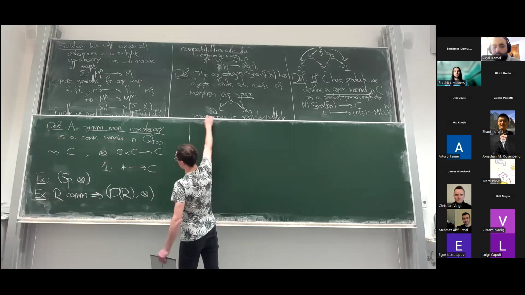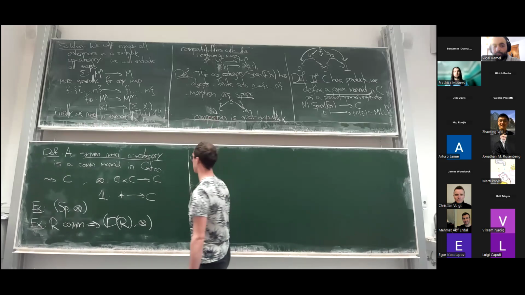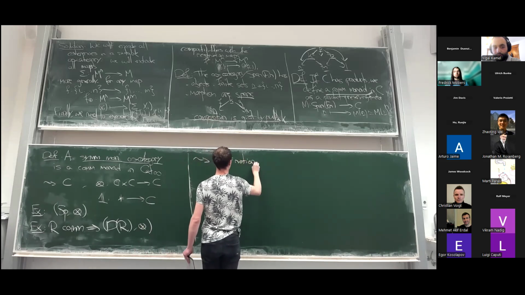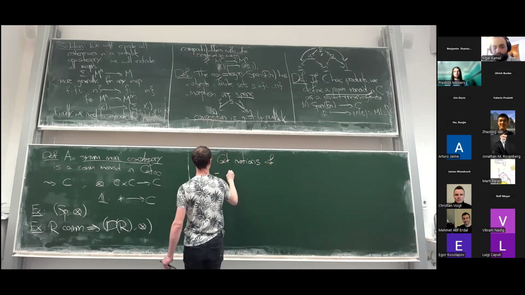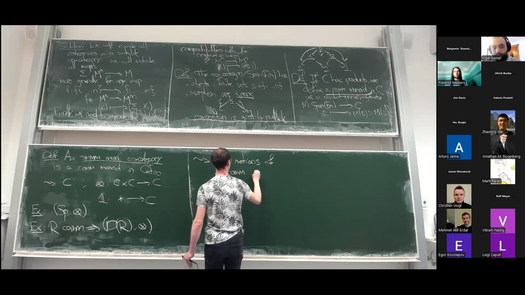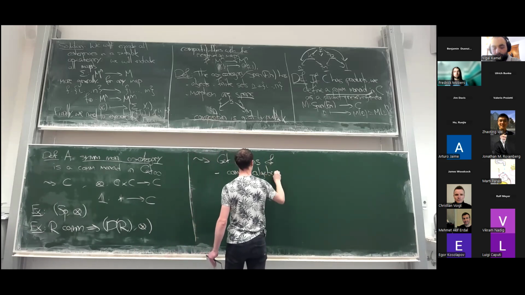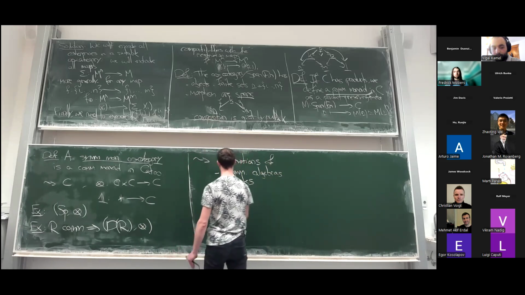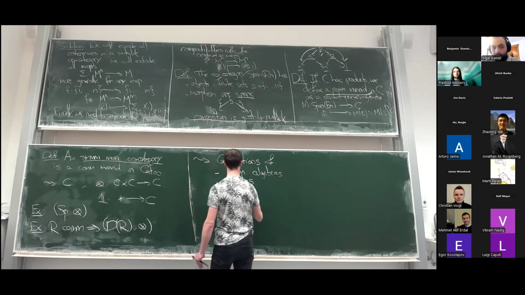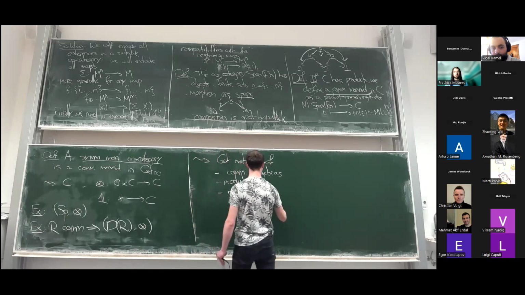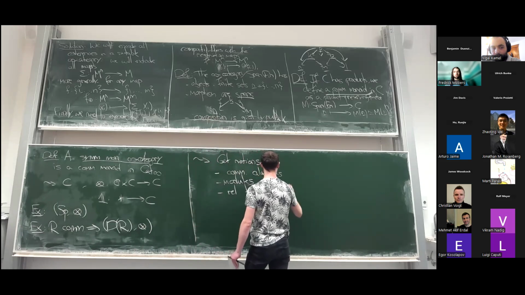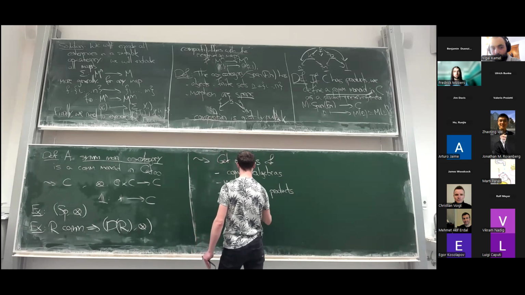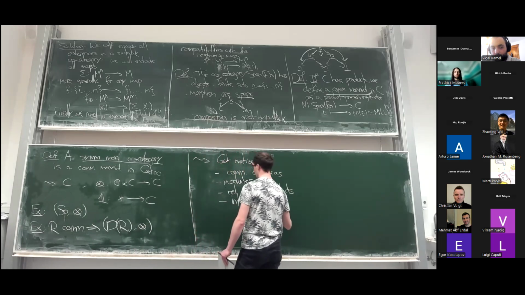And now all the classical notions of algebra extend to this setting. So we can define notions of commutative algebras in C, things like module categories, relative tensor products, internal homs, and so on.